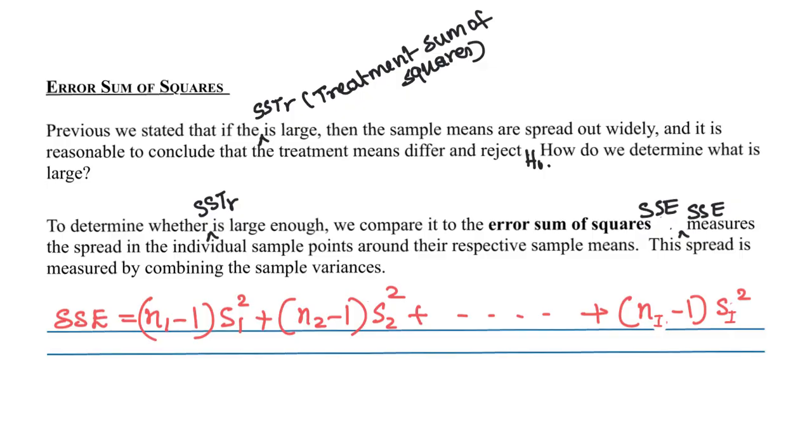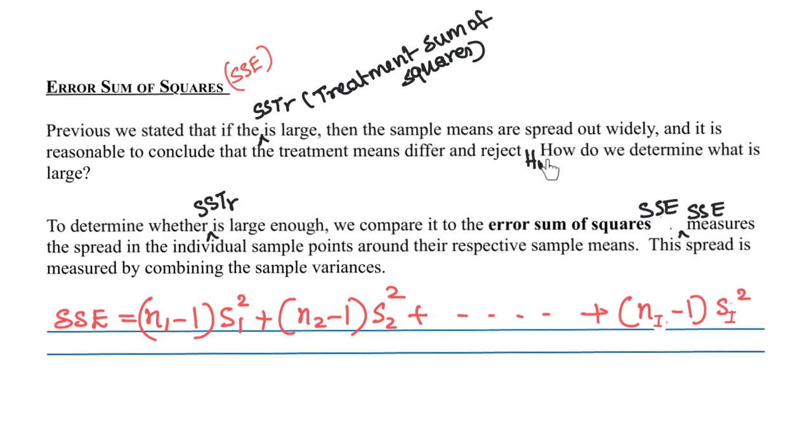Error sum of squares, or SSE in short. Previously we stated that if the treatment sum of squares SSTR is large, then the sample means are spread out widely, and it is reasonable to conclude that the treatment means differ and reject the null hypothesis.